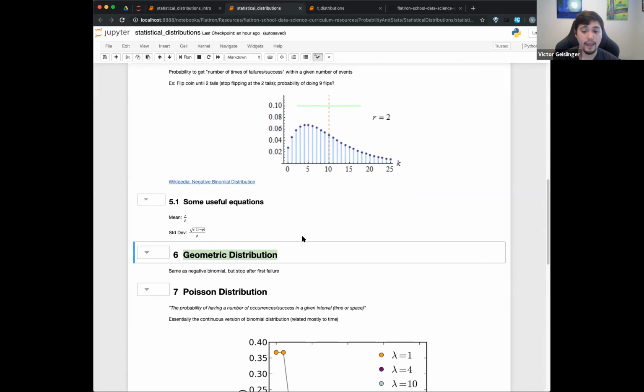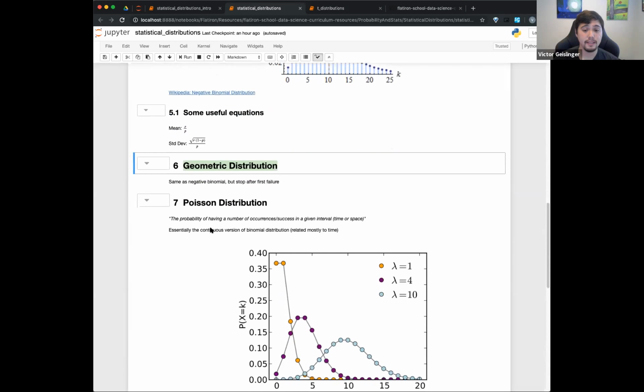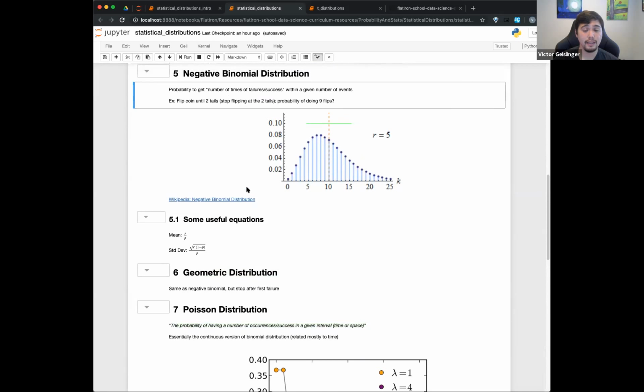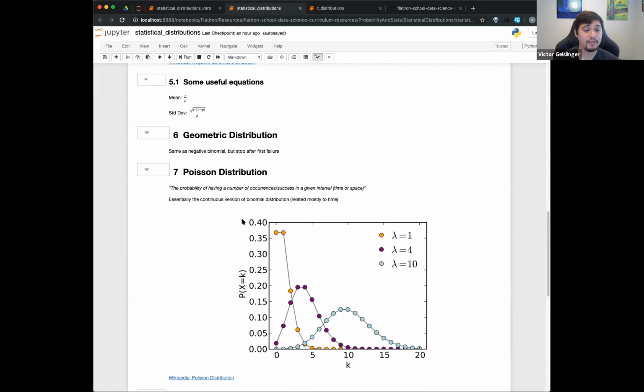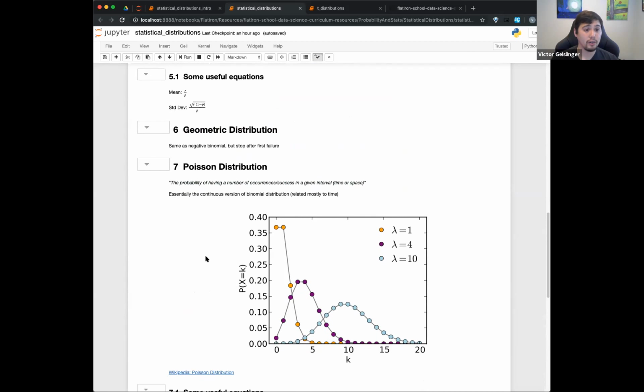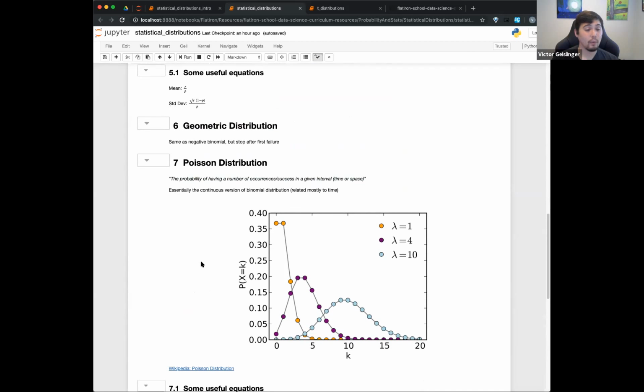And then a Poisson distribution is basically just the continuous version of this. Instead of the number of times you fail, you have a certain occurrence of when things will happen.